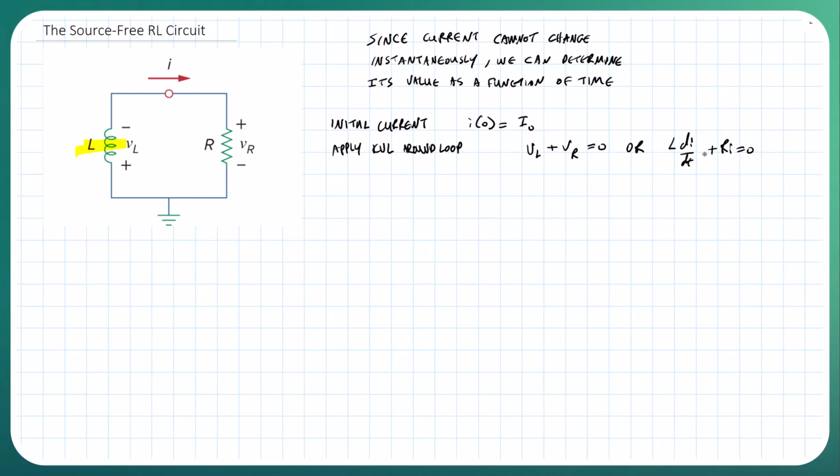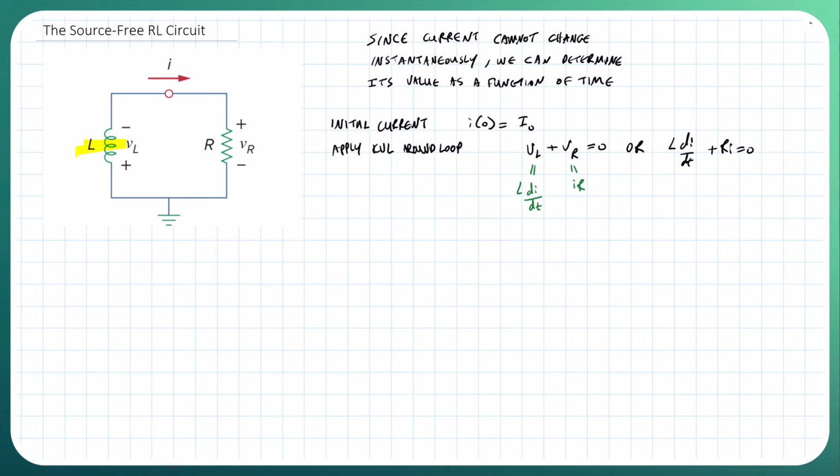Either of those work, where V sub L is equal to L di over dt, and V sub R is just iR. So we just plug those in, and we get this equation.